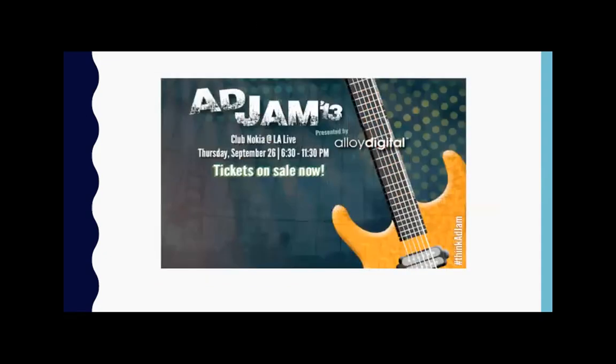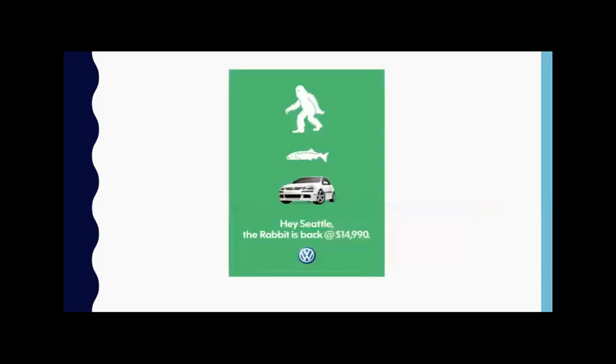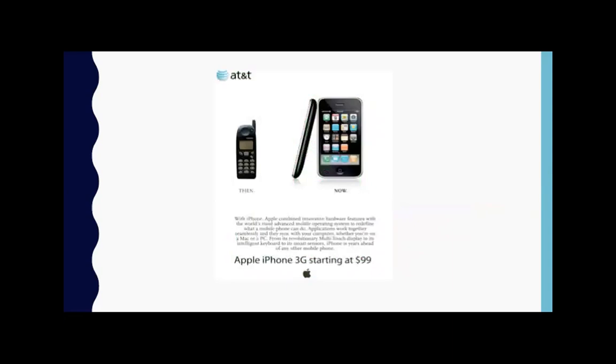Here's another one, Ad Jams Club. Nokia and LA Live tickets on sale now is a call out example for this specific ad. So here's another one, Volkswagen, hey Seattle, the rabbit is back, kind of calling it out. Here's one, AT&T.